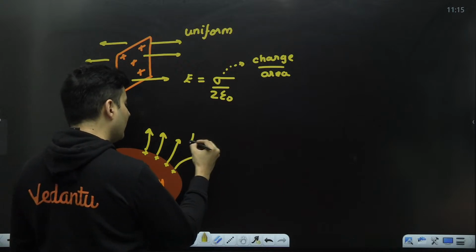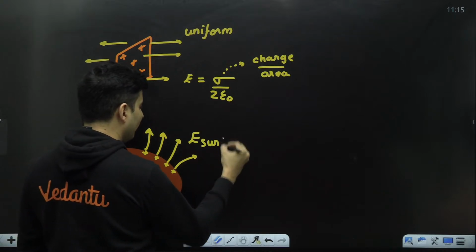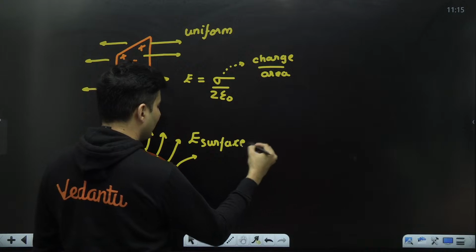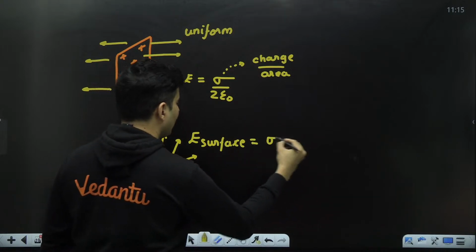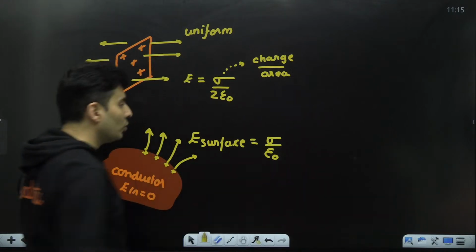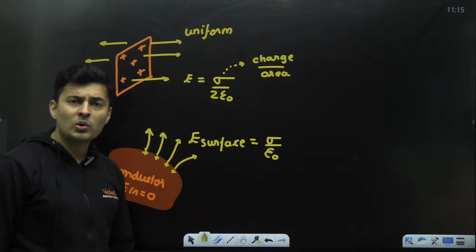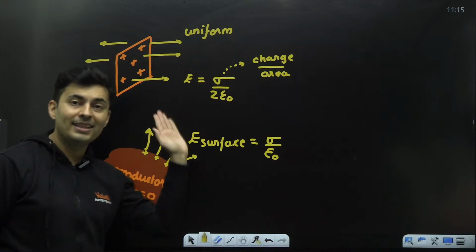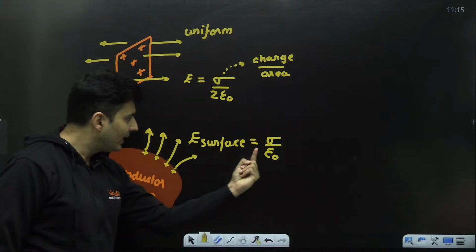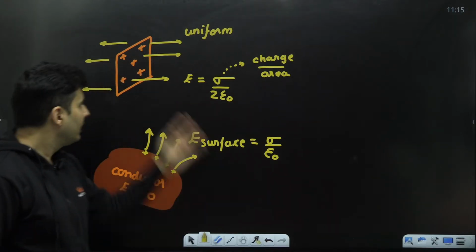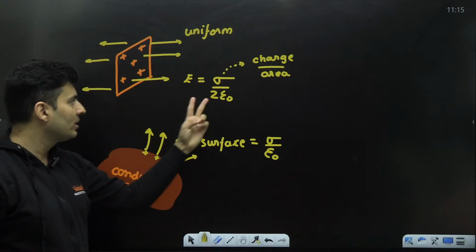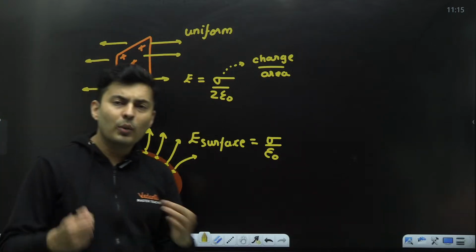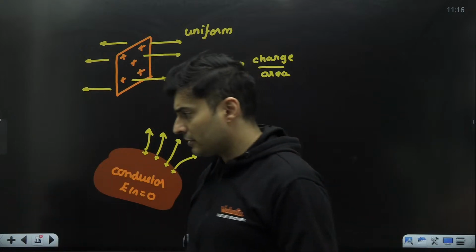So the field on the surface of a conductor is sigma by epsilon. There is no 2 over here. Why? Because the field is going only on one side, not both sides. One side means 1, so number 1 is coming here. It goes both sides, both is 2, so 2 comes here. That's a quick trick to remember these formulas.